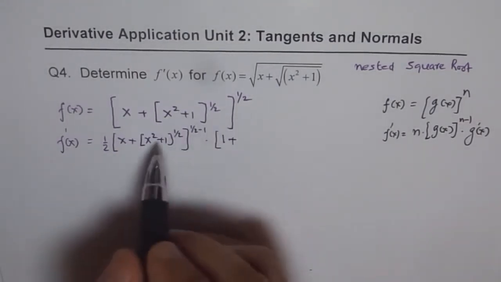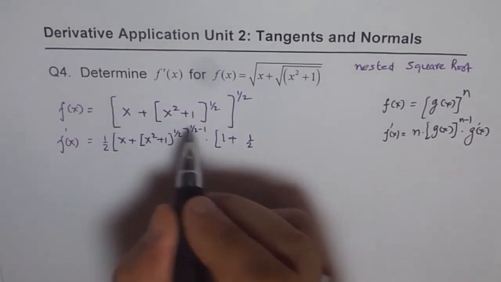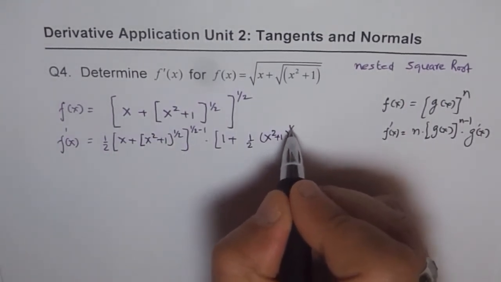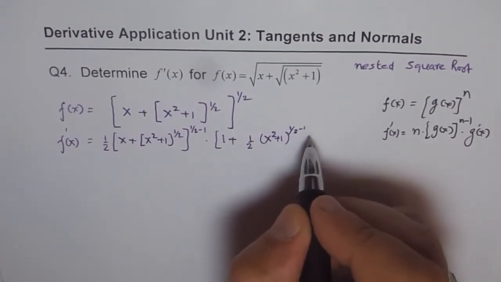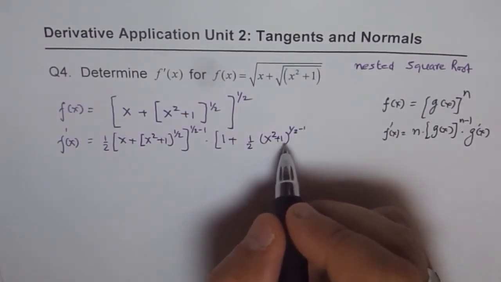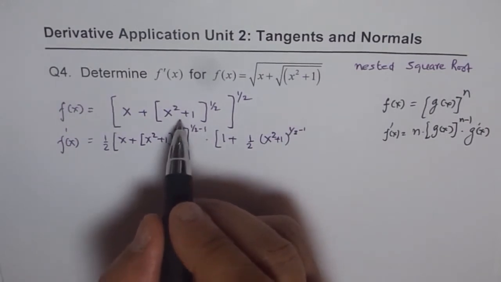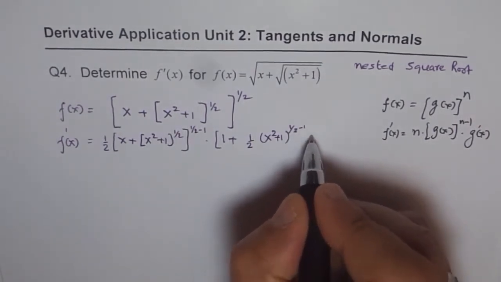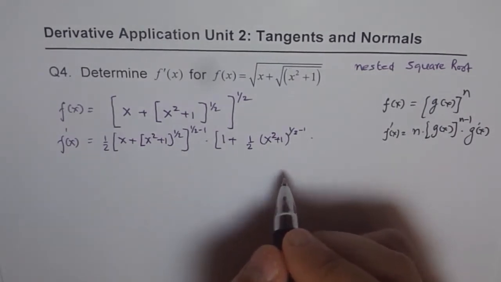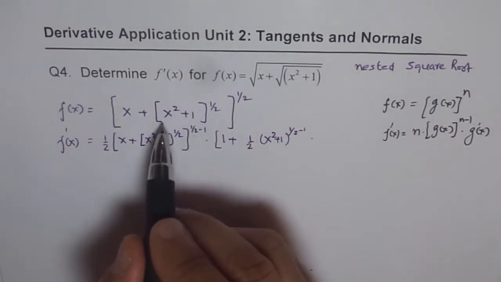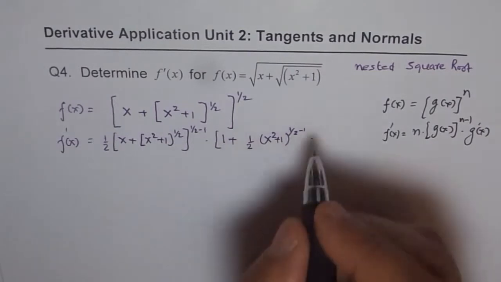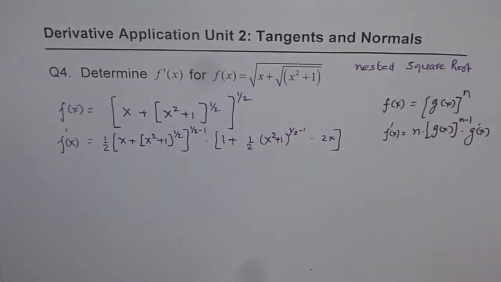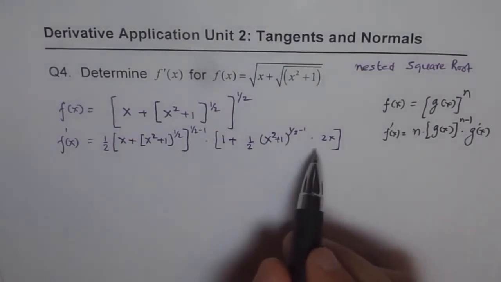So again we do the same thing, that is half times x squared plus 1 to the power of half minus 1, but it's not yet complete, since the inside function is again x squared plus 1. So we'll again multiply by the inside derivative, which is 2x. So that completes the job. Do you understand?